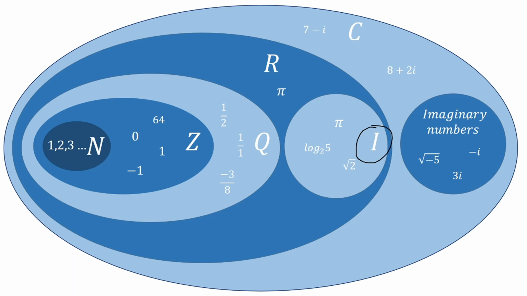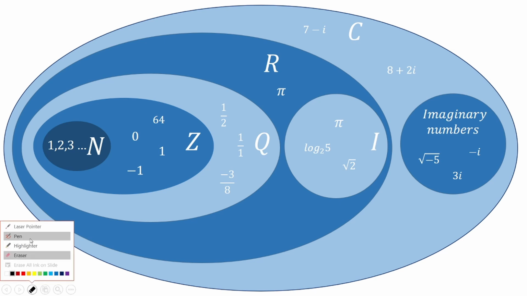We then have the imaginary numbers. As you might guess from the name, these are numbers that do not have a numerical notation, in the sense that we cannot directly pinpoint where the number is on the number line.